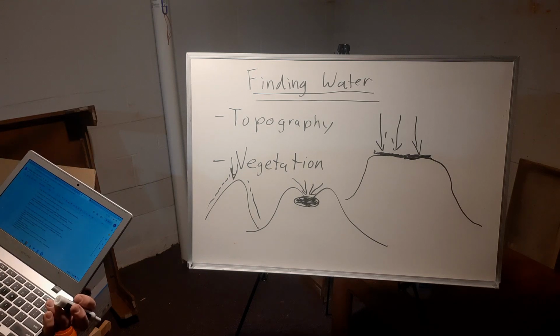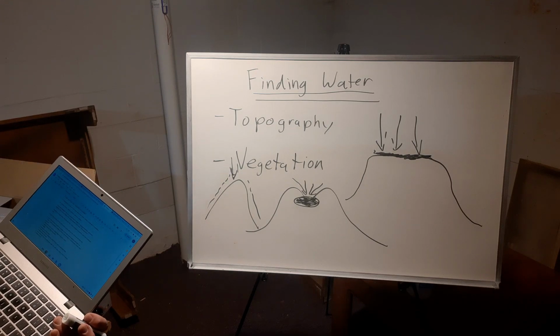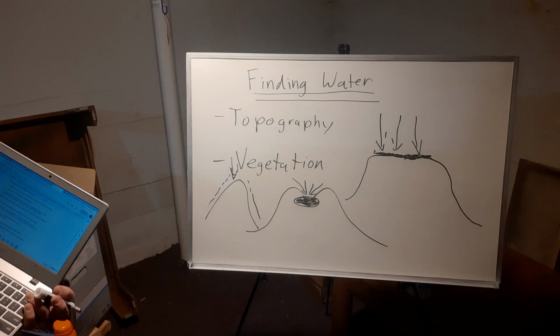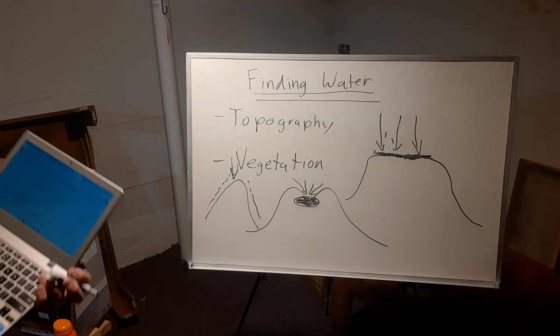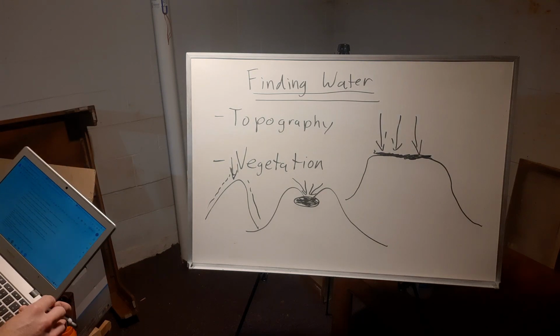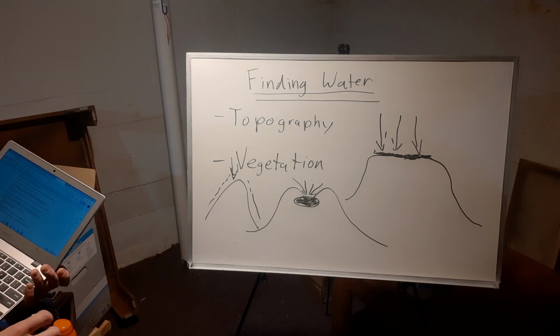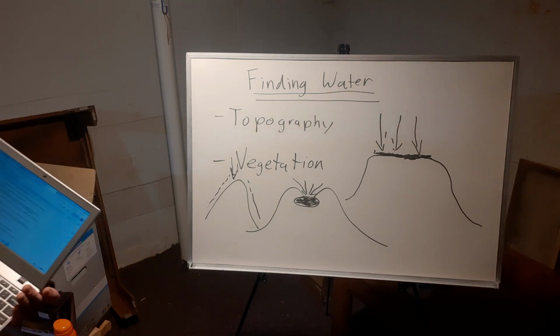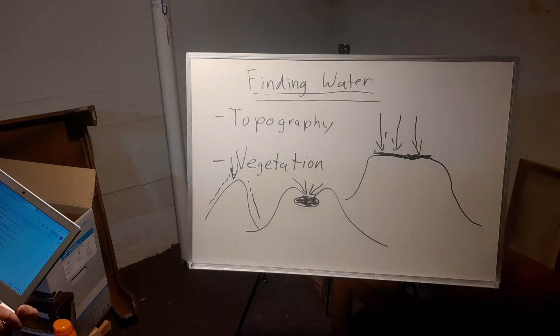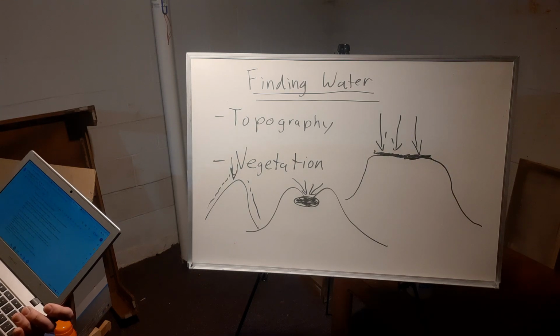There's like a huge hole in the ground, and after a rainstorm, water's naturally going to collect there and the soil is going to be moist there, okay? So that's another option.